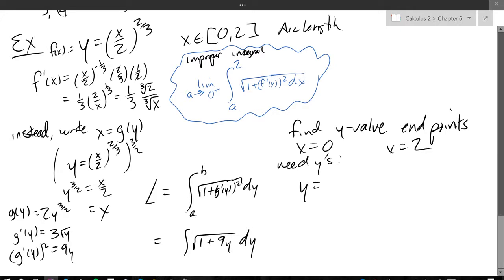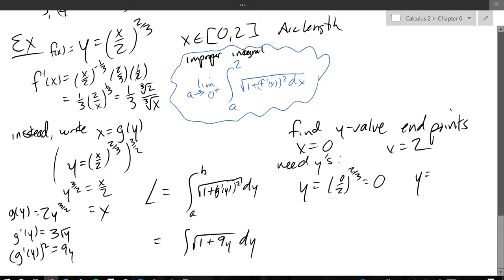So I need y's. y equals 0 over 2 to the 2/3 power, which is 0. What's 0 to the 0 power? I don't know. It's on your cheat sheet, so nobody remembers it. But it's not 0 to the 2/3 power. That's 0. Alright.